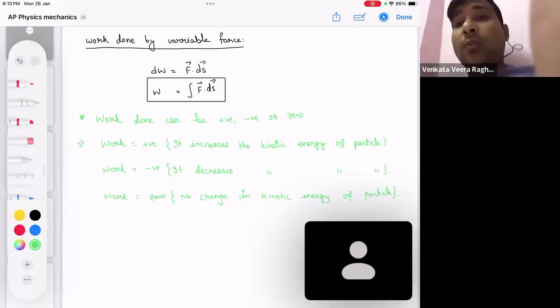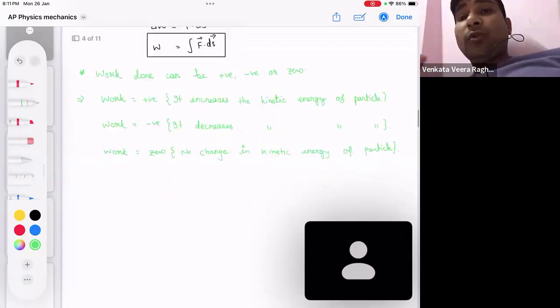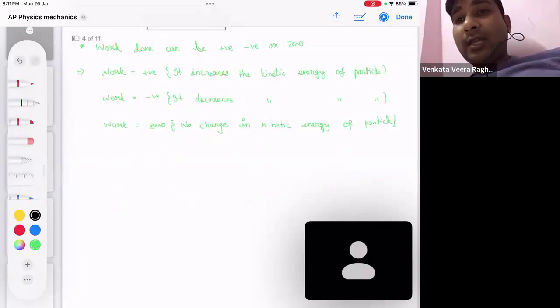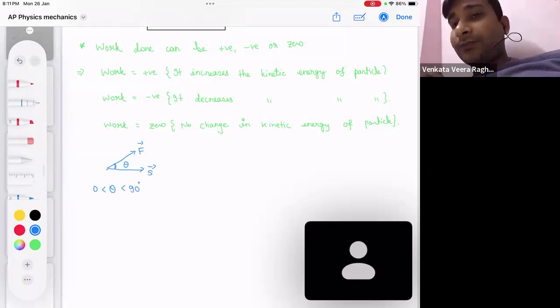Okay. So when will the work done come positive? Can you tell me? If this is the force vector and this is the displacement vector, and this is the angle theta. If theta is lying between 0 to 90 degree, that means the angle between the force and displacement vector is acute, what will the work done be?